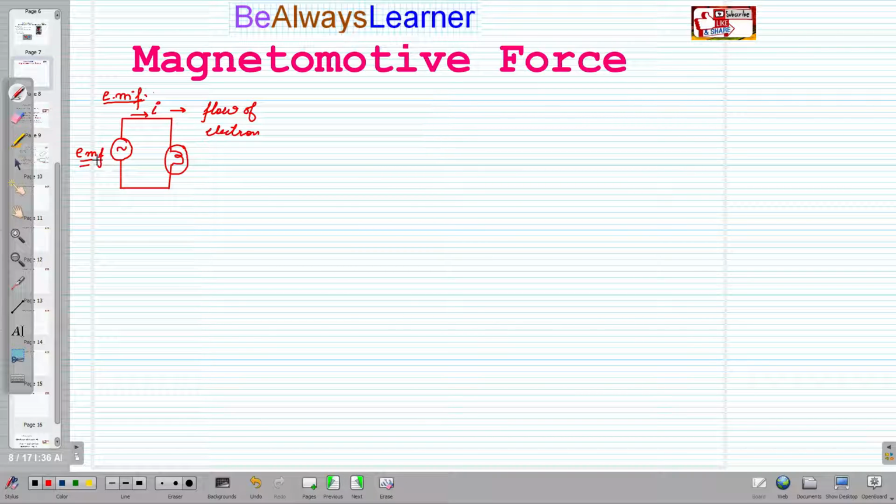So that's how we can call it electromotive force. So it means if you have a source and electrons move from it, we are applying a force at the input, right? So to give illumination to this bulb, and this current is going to flow like this, right? So that is what it is.